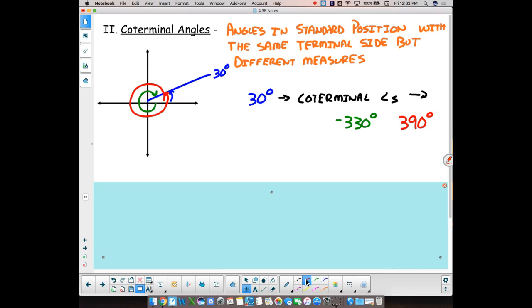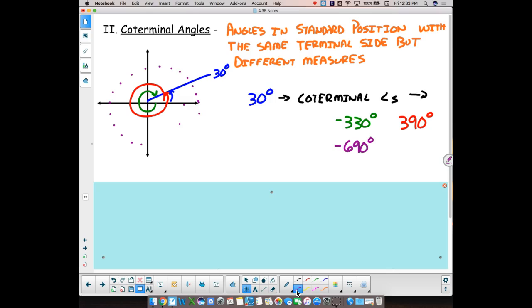Give me another one. Negative 690 degrees? I would agree with negative 690 degrees. So I would start here, and I would go all the way around.